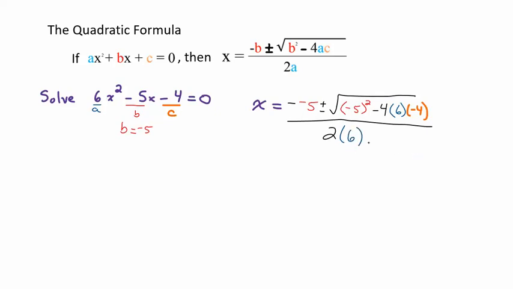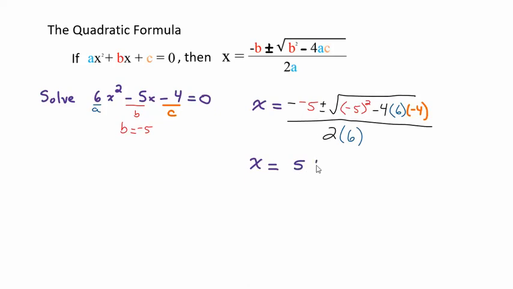Okay, so these blue numbers, the 6, the red number, the negative 5, and the orange number, negative 4, will change depending on what equation that you're starting with. So now all we have to do is simplify this thing, and we'll do that using the order of operations. Okay, so I have the opposite of negative 5, that's positive 5.